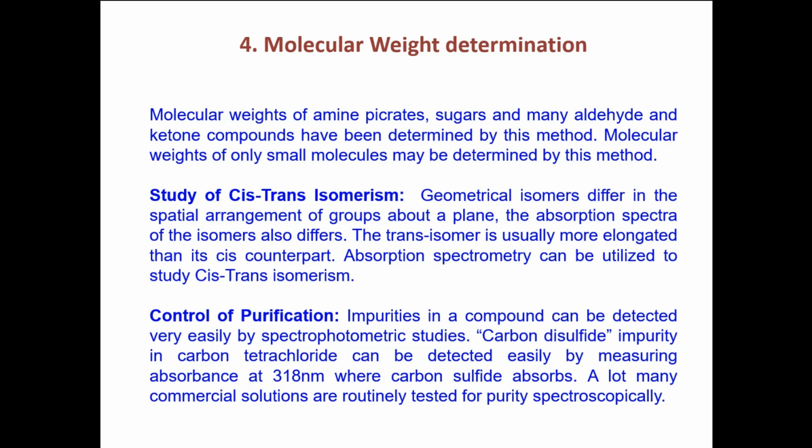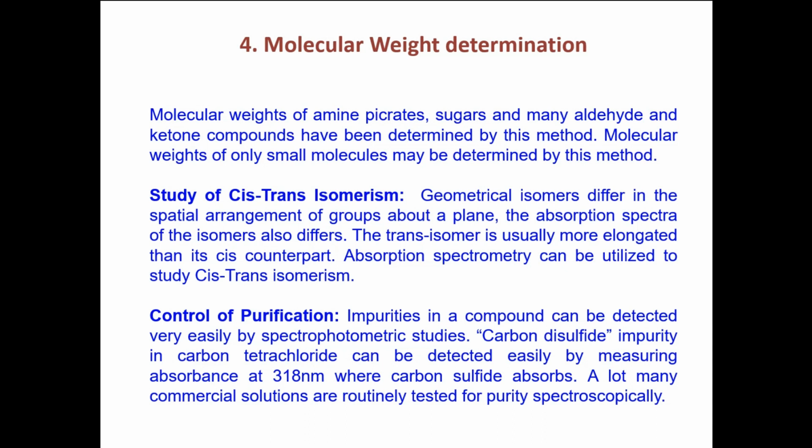When it is a longer one, the trans isomers have a higher wavelength of absorption, whereas cis isomers have less. When it is elongated, it has more surface to absorb, so it absorbs more. When it is a smaller one, the absorption surface is reduced, so the absorption will be low.